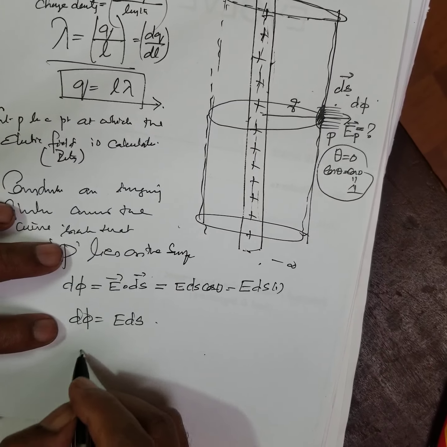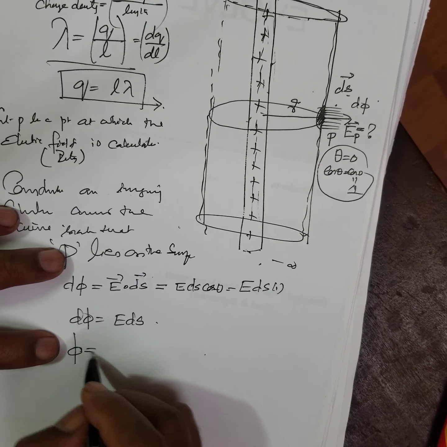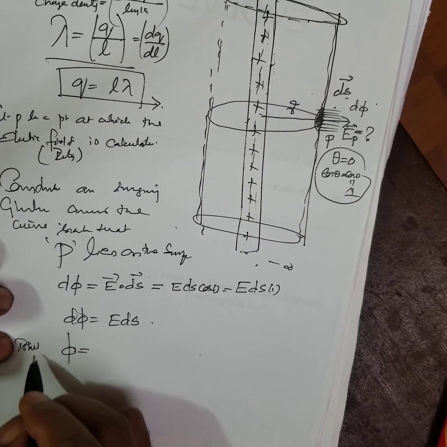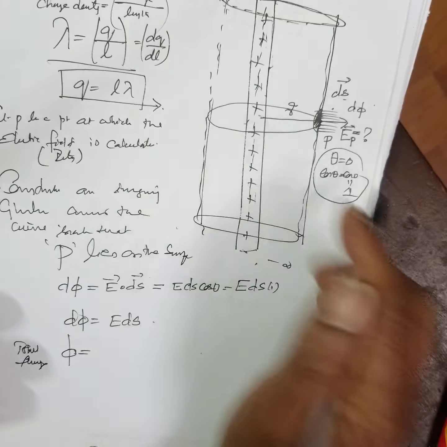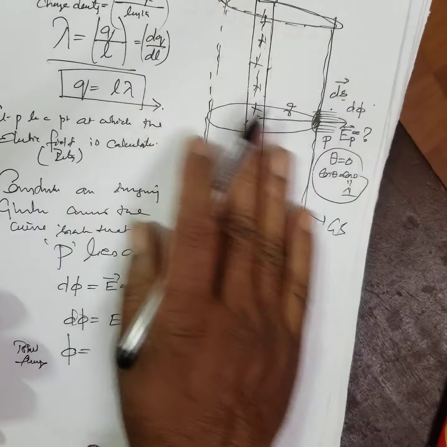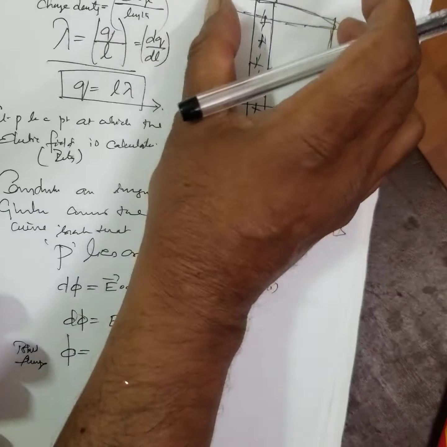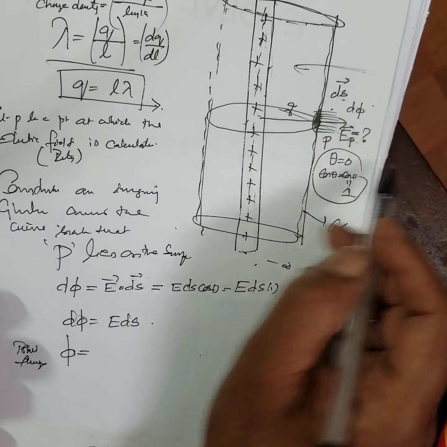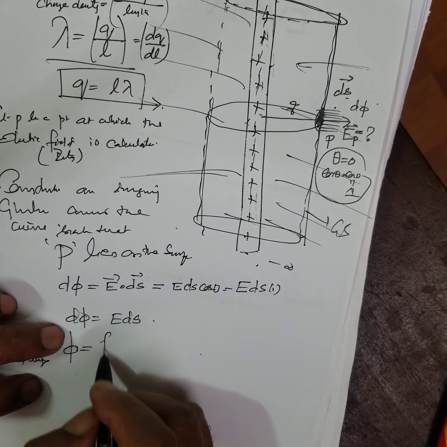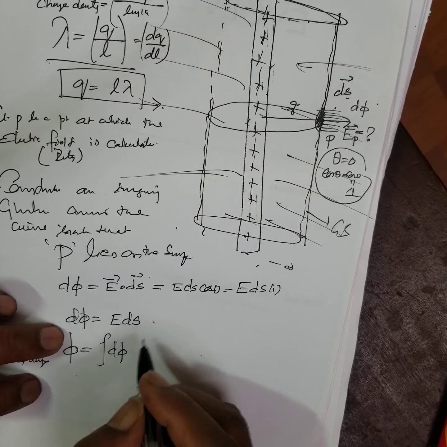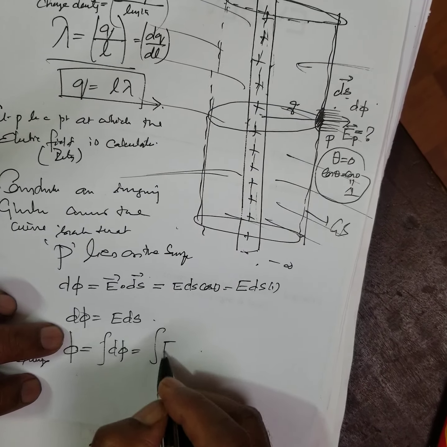Now, what is the total flux through the Gaussian surface? This is the Gaussian surface, the entire thing. Total flux through the Gaussian surface is equal to the integral of d phi, which is equal to the integral of E ds.